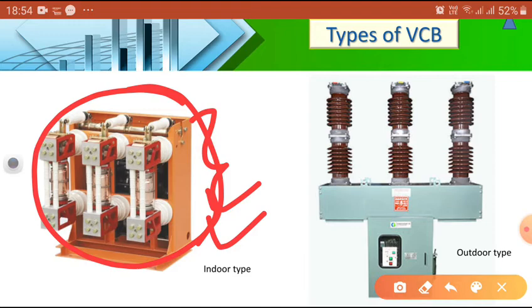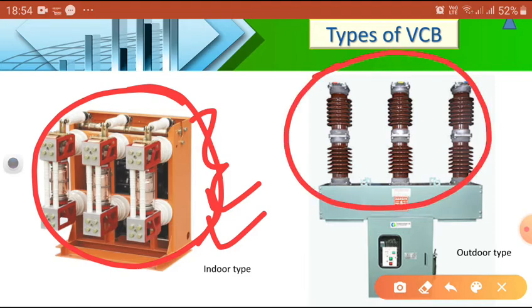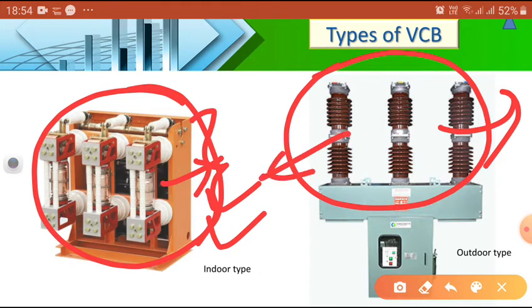For outdoor purposes, we use this type of breaker, which you can observe in substations. Here it also has an arc interrupter. The working principle is the same, but the insulation material used is different.